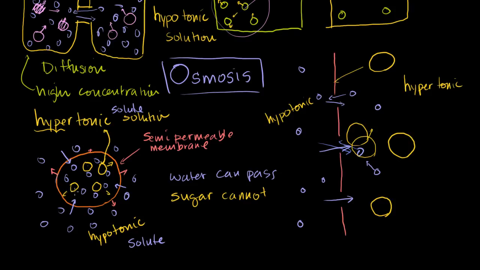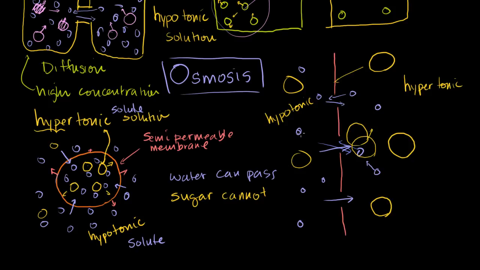Eventually, if everything was allowed to happen fully, you'll get to the point where you have just as high a concentration on this side as on the right-hand side, because the right-hand side is going to fill with water and also probably become a larger volume. And then once again, the probabilities of a water molecule going to the right and to the left will be the same, and you'll get to some type of equilibrium.